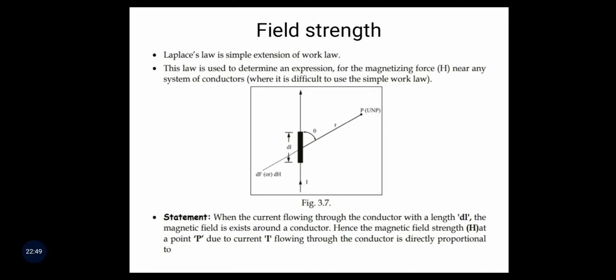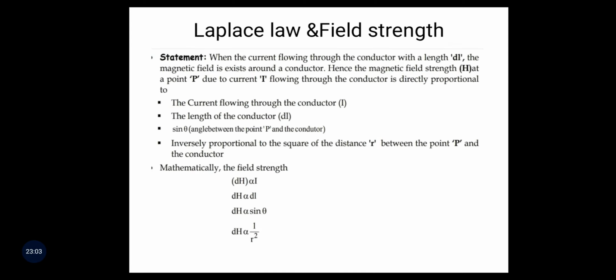Hence the magnetic field strength H at point P, due to current I flowing through the conductor, is directly proportional to the current I and the length of the conductor dl, times sin theta, the angle between the point P and the conductor.